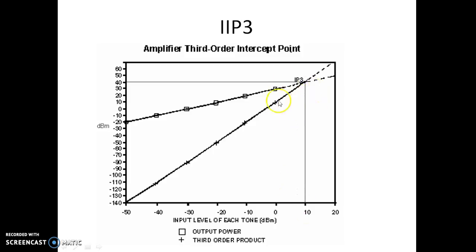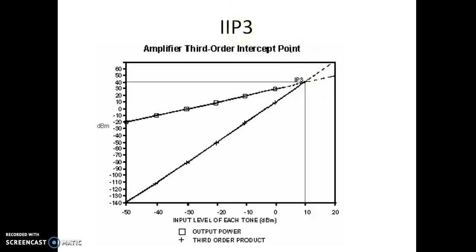So why is this point very important? Because if the input power is more than 10 dBm, we can see the third harmonic dominates over the fundamental one. So it is not advisable to increase the amplitude of the input power beyond 10 dBm, because any input power more than 10 dBm will have the third harmonic overtaking the actual fundamental signal.